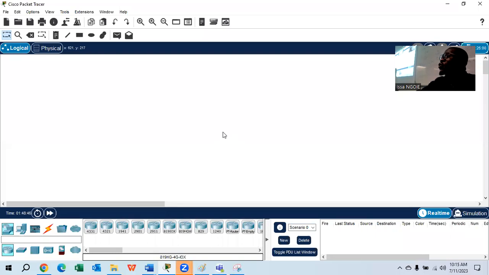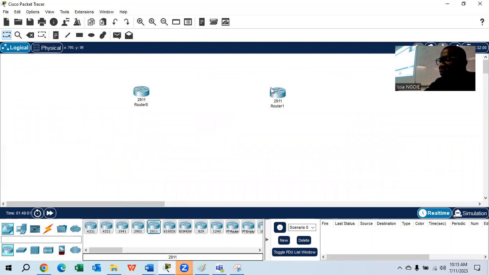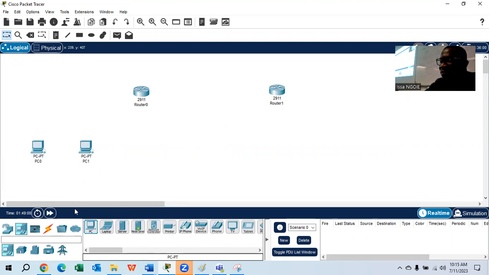So what I'm gonna do, we are going to drag and drop 2 routers. So 2 routers, maybe 2 PCs one side. The other side I can have maybe 2 servers.